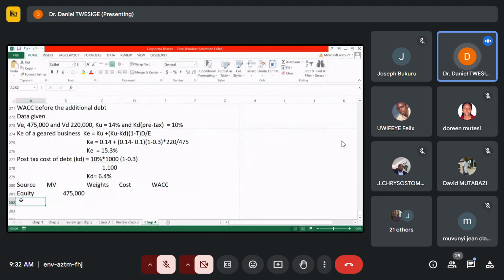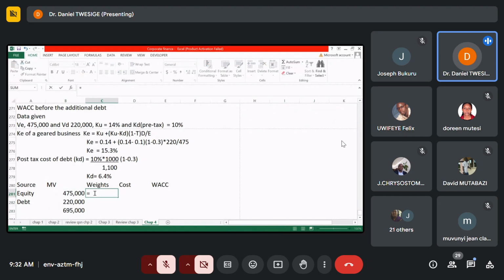We have debt, market value is 220. So that's the total.